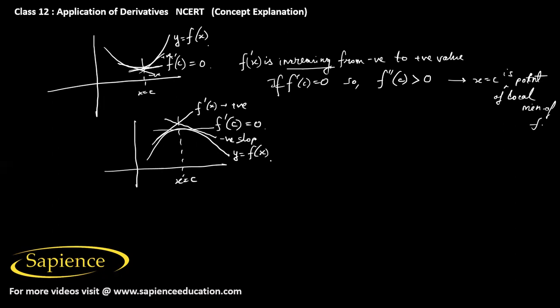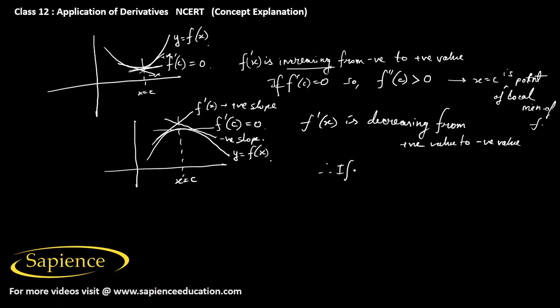Here we are having positive slope, and here we are having negative slope. So f dash x is decreasing from a positive value to some negative value as x increases through c.